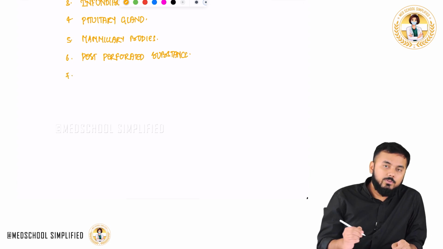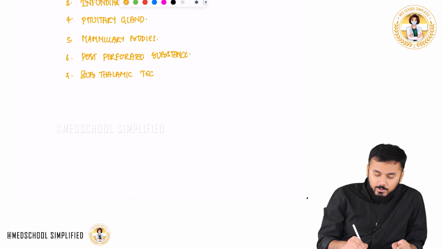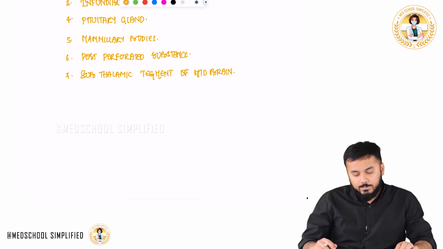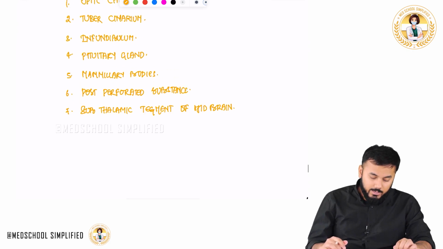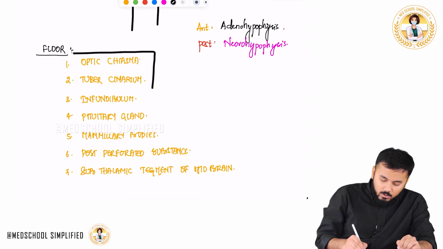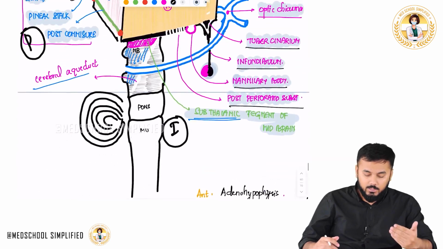Apart from the posterior perforated substance, what do you have at the back? We have got the subthalamic tegment of the midbrain. This is located in the subthalamic region, I mean the posterior part. All these structures, whatever I have written right now, form the floor of the third ventricle.